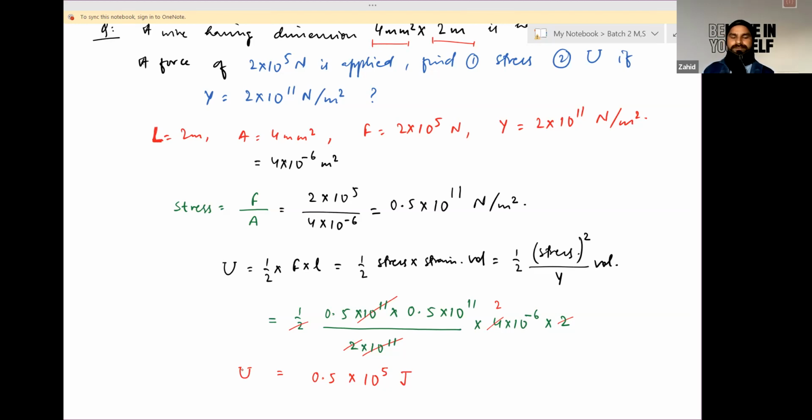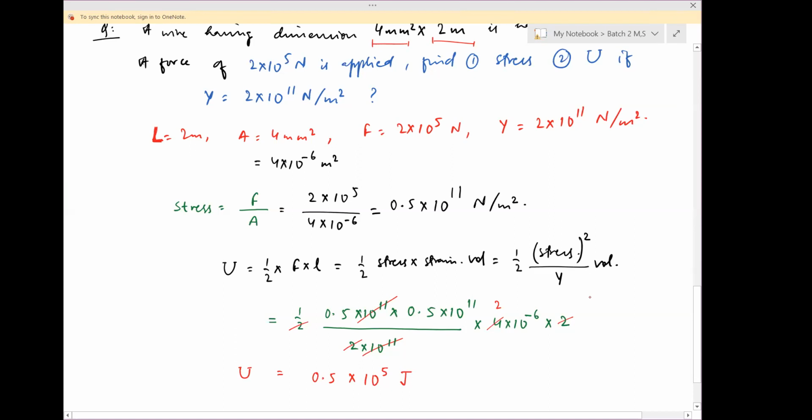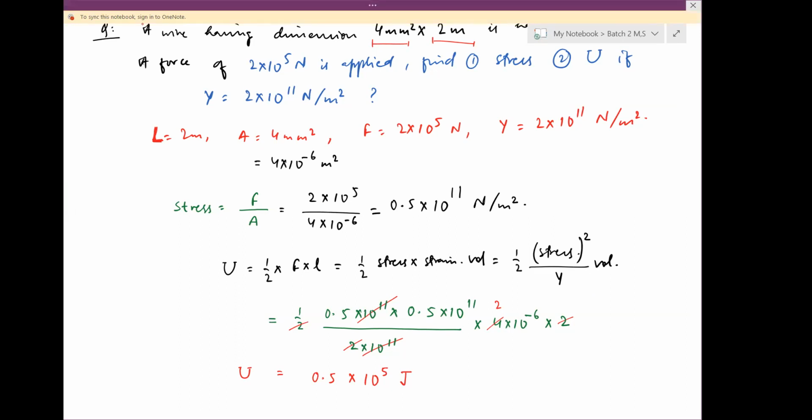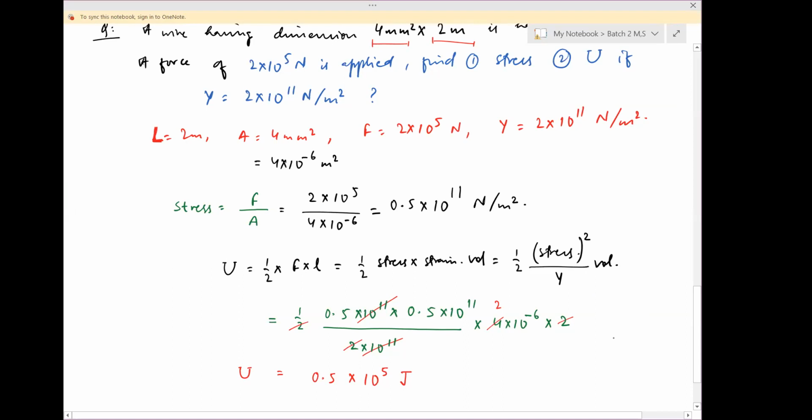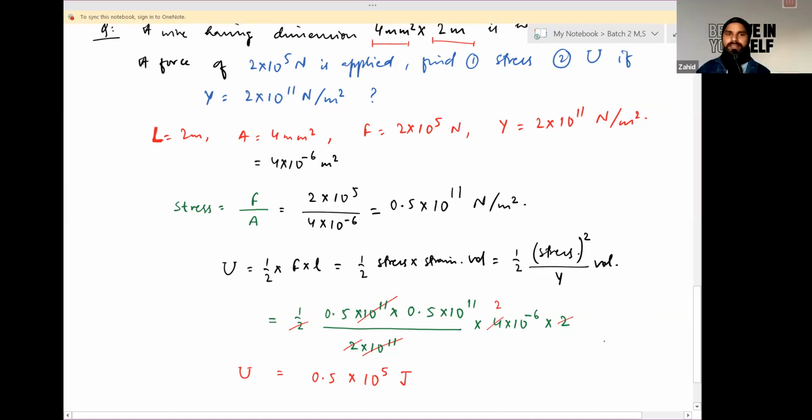Good, Mohiddin. Shiraz, is it clear? Yes, sir. Asma, any doubt related to this problem?